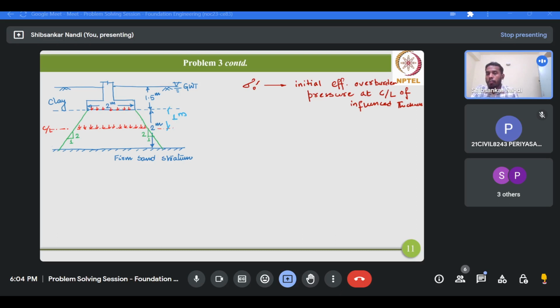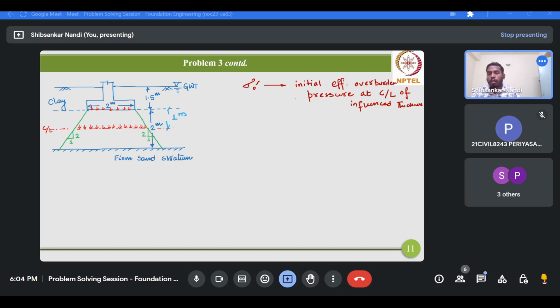So it's very simple. It is the multiplication of the unit weight and the corresponding height. Now if we come from the ground surface, first we have to calculate the total stress, then we have to subtract the pore water pressure at this level from the total stress, then we can easily get the effective stress.